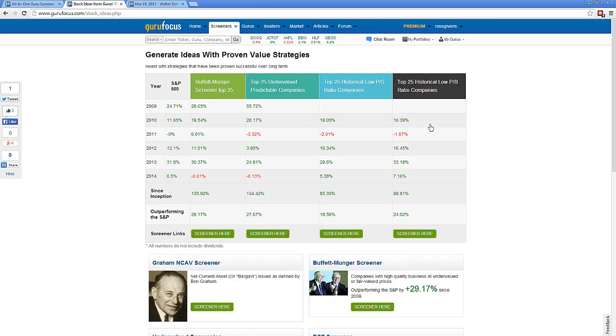So it's a very basic filter that looks for quality companies trading at relatively low levels of their book value. And the same thing with price to sales, same thing with undervalued predictables, the Buffett-Munger screener. But they are definitely all outperforming the S&P 500. So if you're looking for something quick and easy, not a bad way to do it.